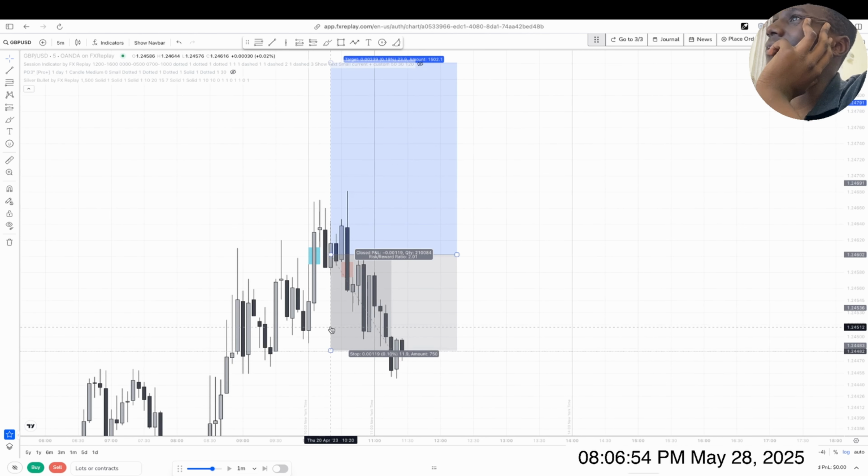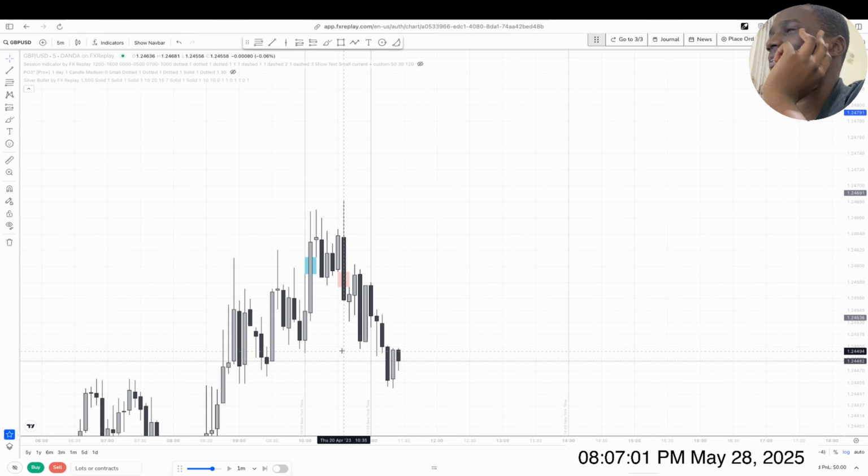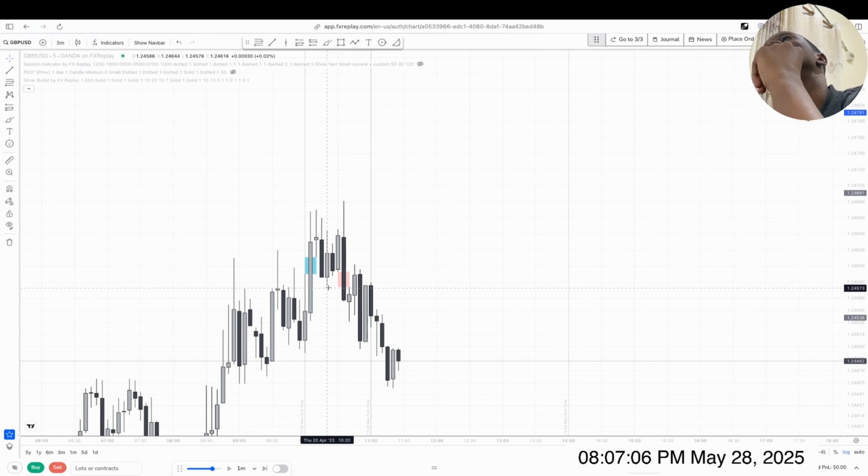Yeah, gladly we didn't take this one. But at this time price action was really messy. Some crazy stuff. But would it be a sin if after this shift one took a sell?